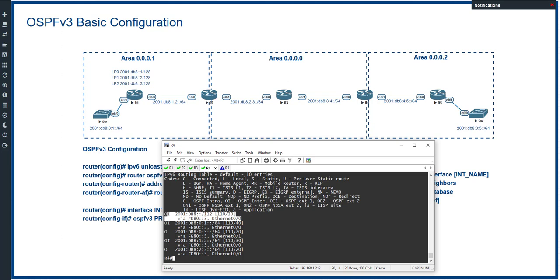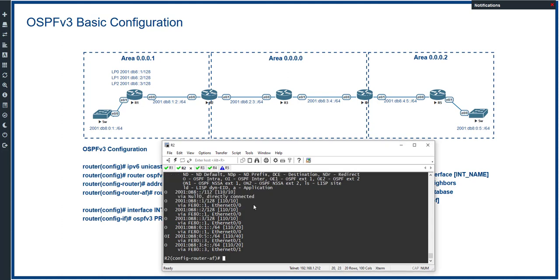Everything is the same, but here, as I mentioned before, we have one difference. The metric of the summary is the worst metric between the subnets' metrics, but in IPv4, in OSPFv2, we use the best metric. After that, you know that you can configure the cost. It is recommended.